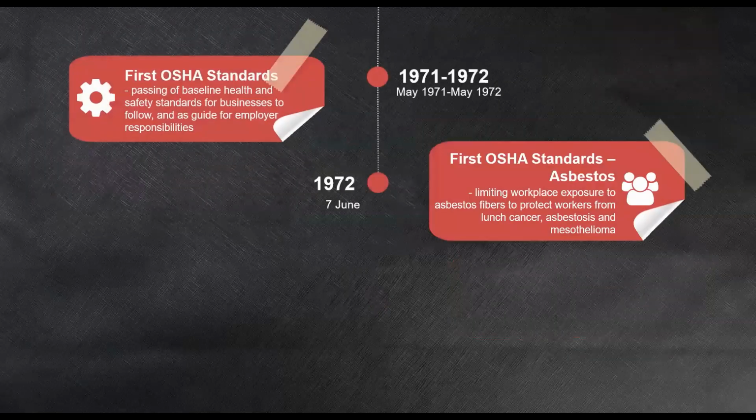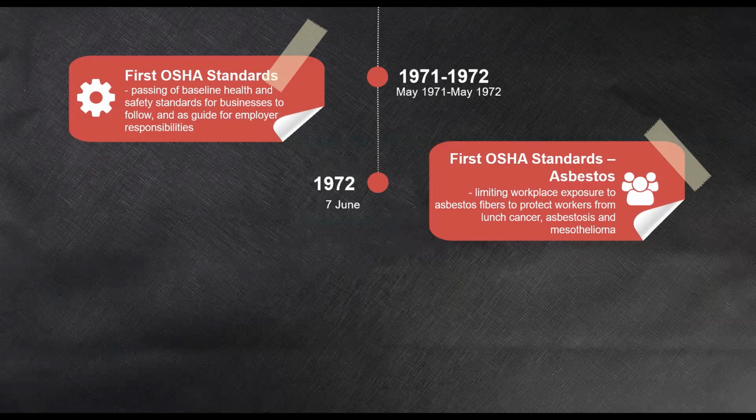Now, OSHA promulgated standards that serve as guidance and protection for workers as they perform their job. The very first standard established was for those with exposure to asbestos, and this was passed in 1972.